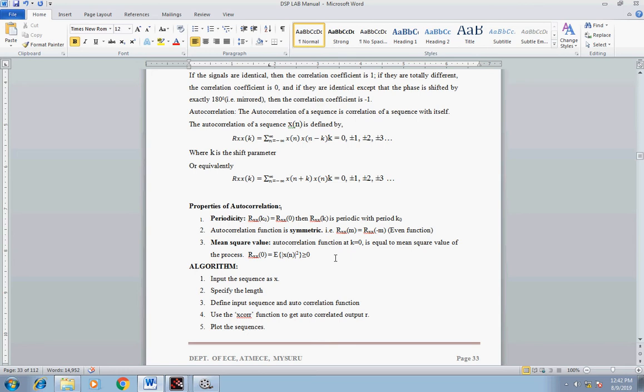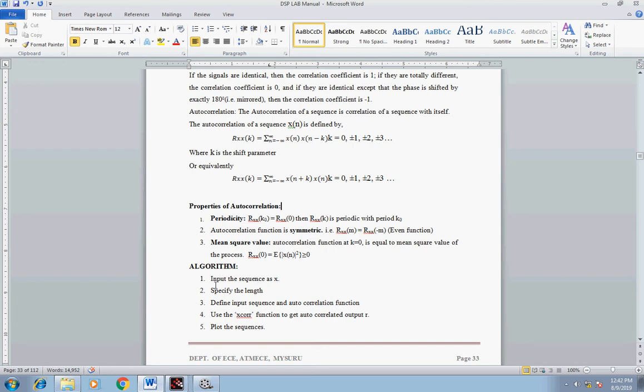The sample values of the autocorrelation or cross correlation sequences have a maximum value equal to the total energy of the signal, given by rxx of 0 equals Ex equals summation from n equals minus infinity to infinity x square of n, which is greater than or equal to 0. So these properties have to be verified using Scilab.